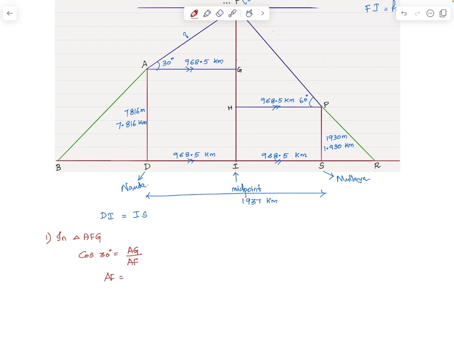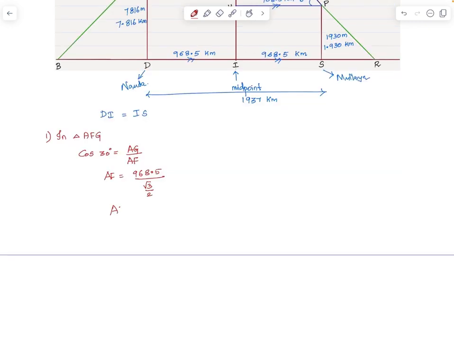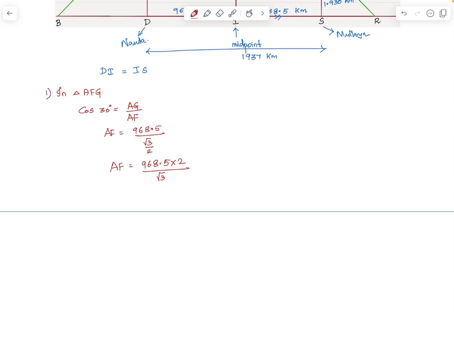AF is 968.5 upon cos 30, which is root 3 upon 2. AF is equal to 968.5 into 2 upon root 3. We shall use 1.7 for root 3. On simplifying, we get 1139.4 kilometers.